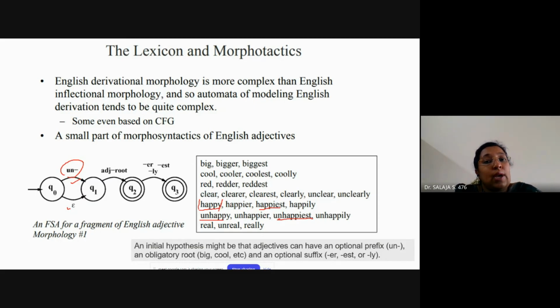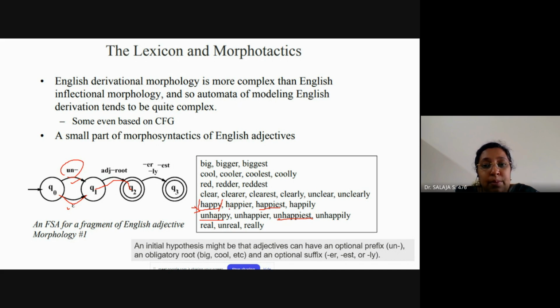By reading no character, no prefix or no suffix in general, by reading no morpheme, I can move from Q naught to Q1. And therefore, if I don't have a prefix attached to happy, I'll use this epsilon to move from Q0 to Q1. And then the adjective root is happy. So by reading happy, I move from Q1 to Q2.